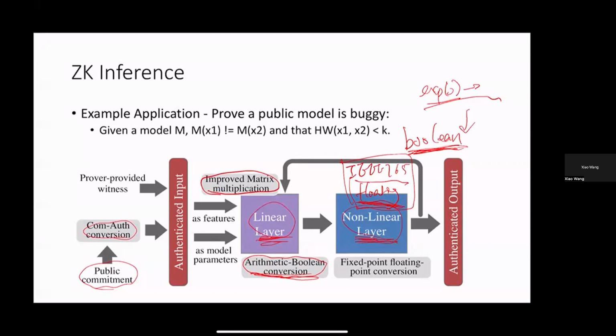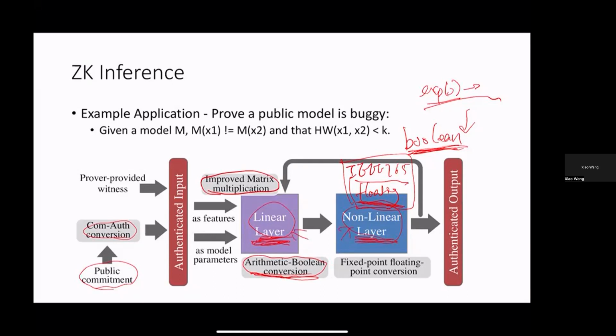On the other hand, the linear layers are not computed in Boolean circuits, because linear layers are really just summation and multiplication. This can be done much more efficiently if we represent them as finite field elements of a large field. This means that we also need to convert between these two types of representation.